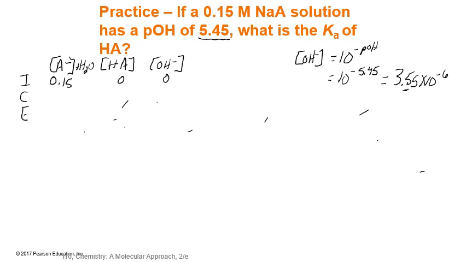And we really only know this to two significant figures because we have 2 decimal places in our pOH. So this tells us what our equilibrium concentration is for OH minus.